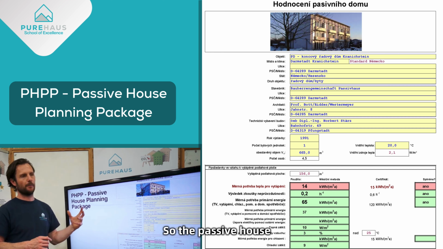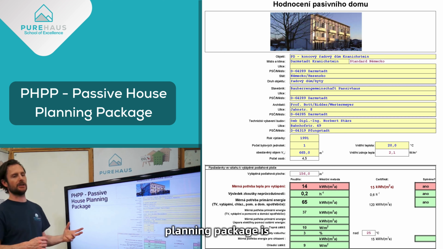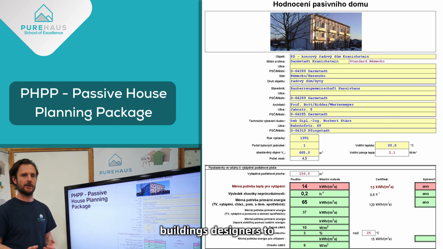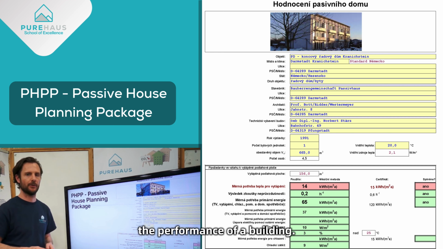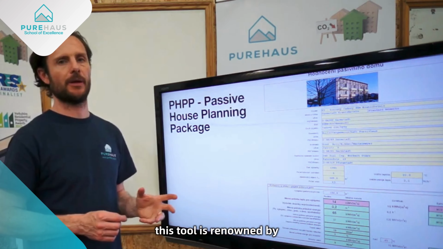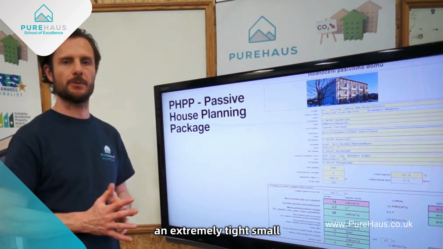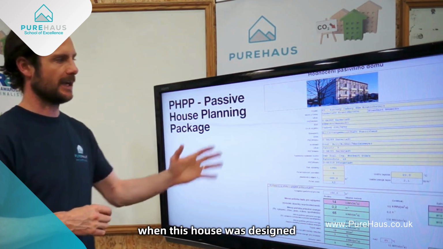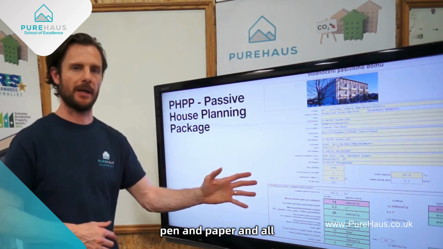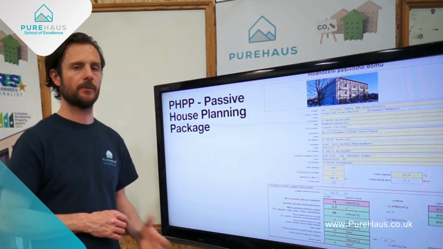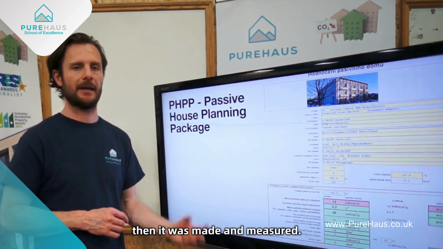So the passive house planning package is a tool that will enable building designers to forecast incredibly accurately the performance of a building. This particular software and this tool is renowned for having an extremely tight, small performance gap. What that means is when this house was designed, pen and paper, and all the numbers were plugged in of how it was going to be made, then it was made and measured.